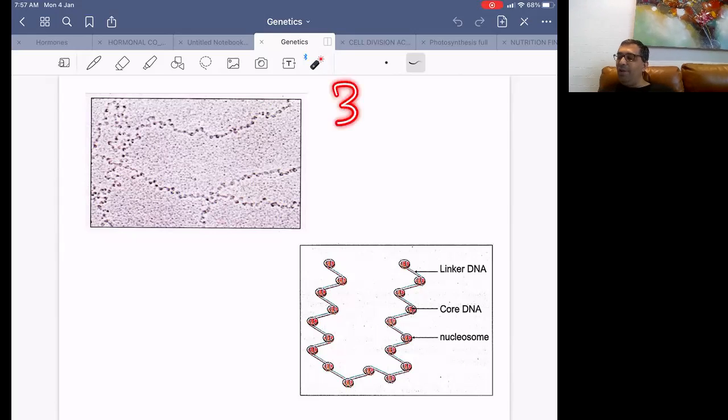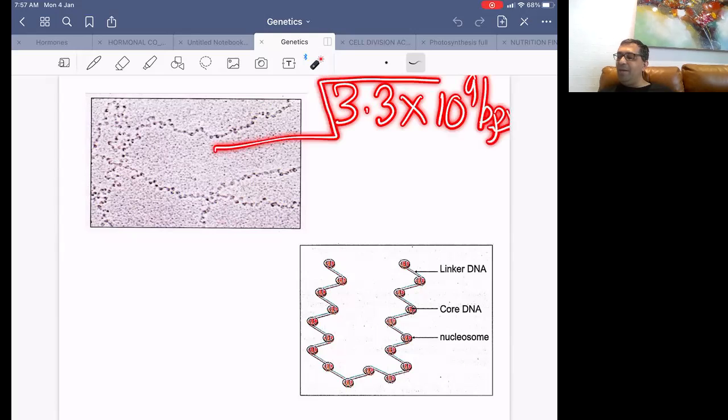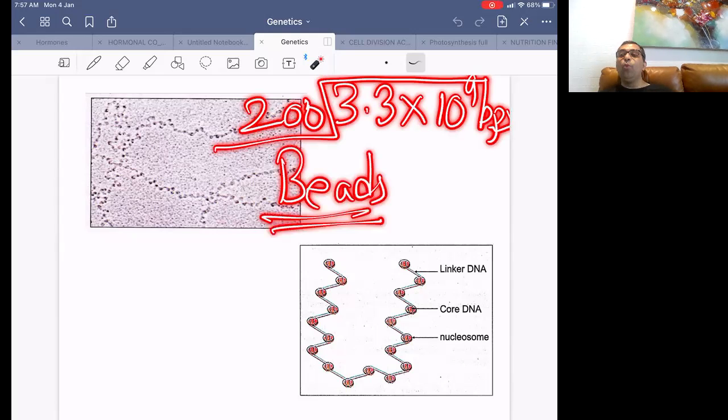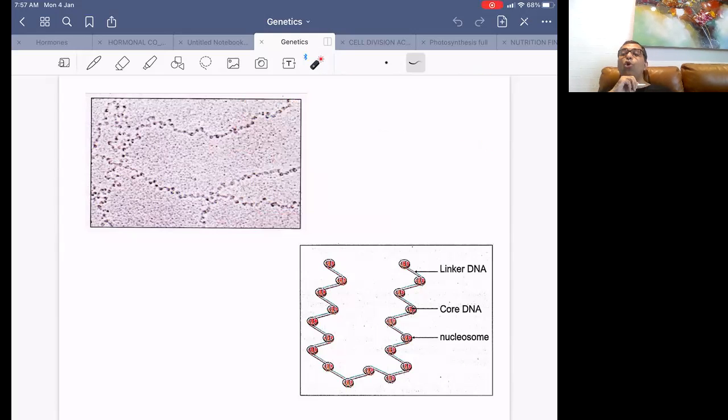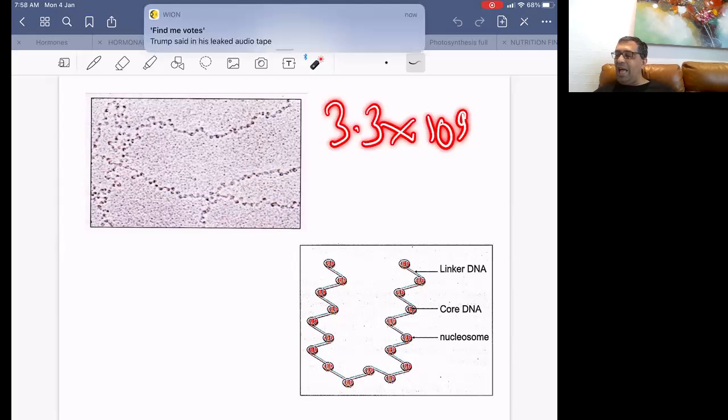If you remember, you have 3.3 into 10 raised to 9 base pairs divided by 200 base pairs. That will give you the answer of how many beads are there in one single chromatin thread. तो एक सिंगल क्रोमैटिन थ्रेड में कितने बीड्स है, करो डिवाइड 3.3 into 10 raised to 9 divide by 200.